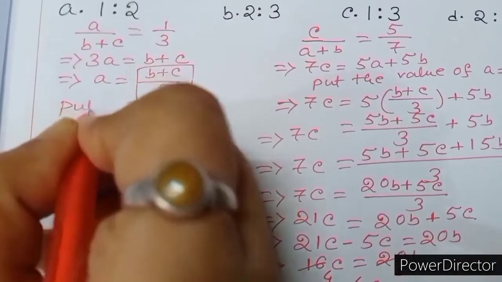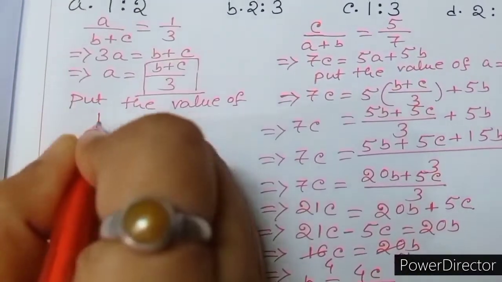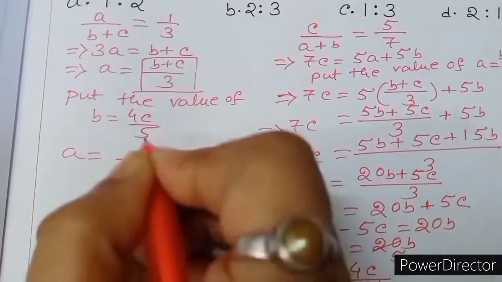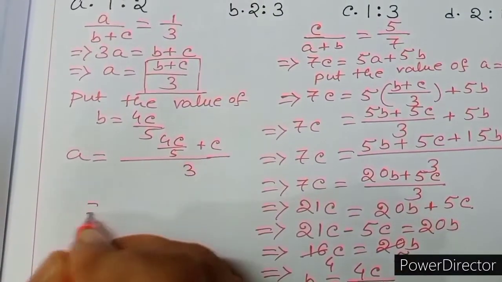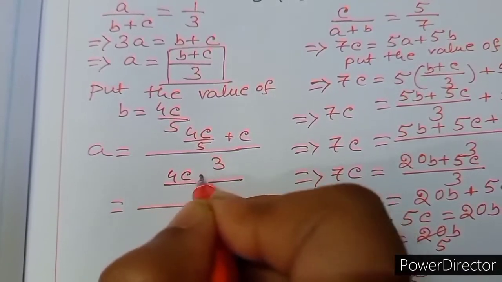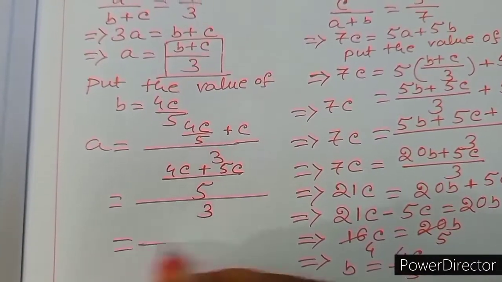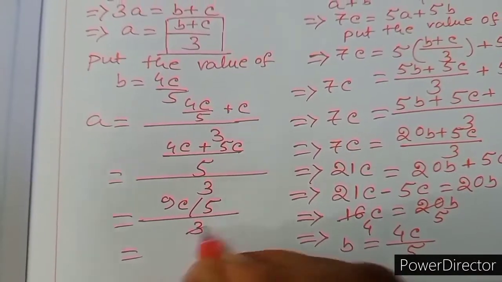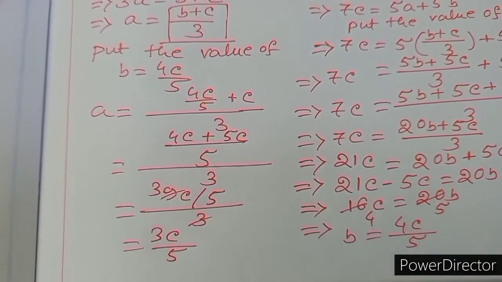Now put the value of B. Now we get A equal to 4C by 5 plus C by 3, which gives 9C by 5 by 3, that is 3C by 5.